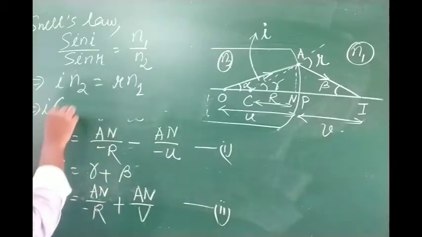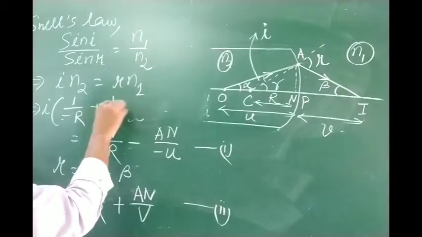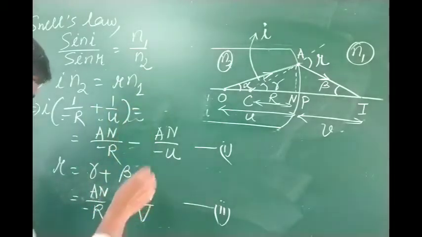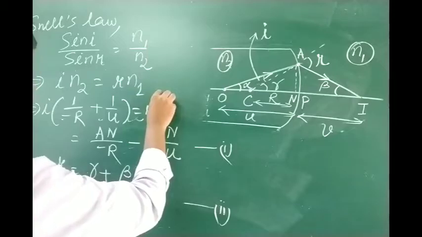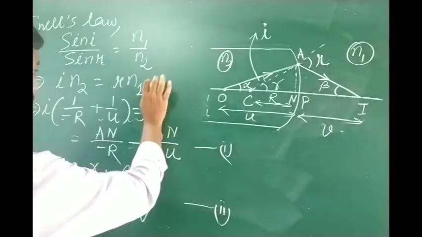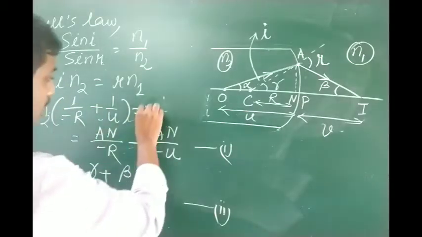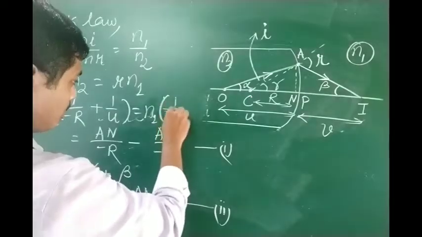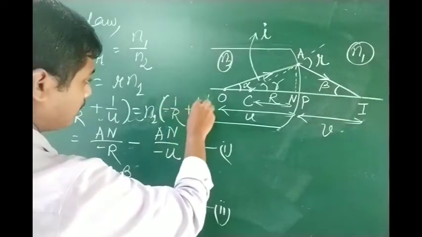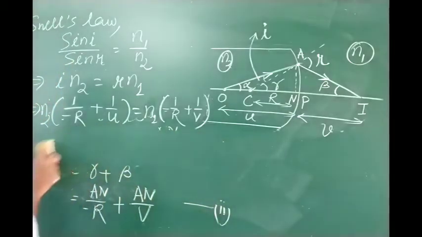The left out will be 1 by minus r plus 1 by u equals to, this will be n2, this will be n1, in bracket we have to write minus 1 by r plus 1 by v after putting this from these equations.